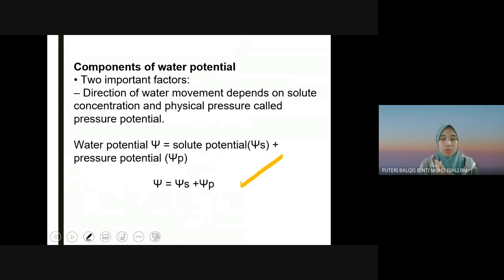Second mark is when you show your calculation. Third mark is your final answer with the unit. If the question writes unit, contohnya kilopascal, kPa, you must write unit. Kalau dia tak tulis unit, tak payah tulis unit. So this is the formula of water potential.